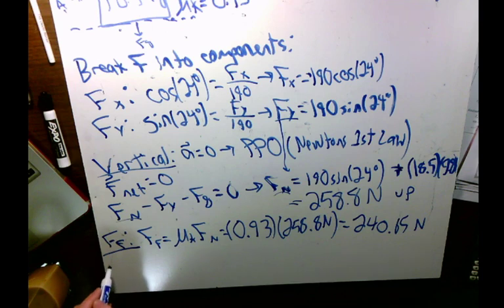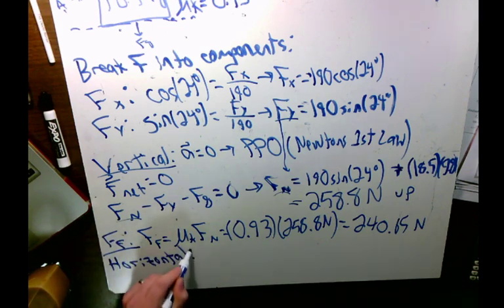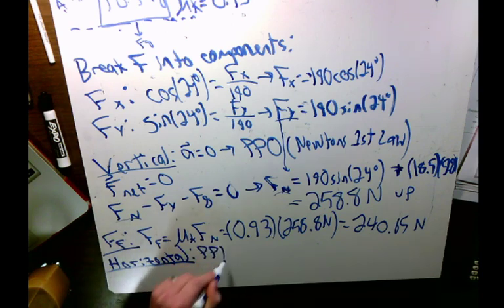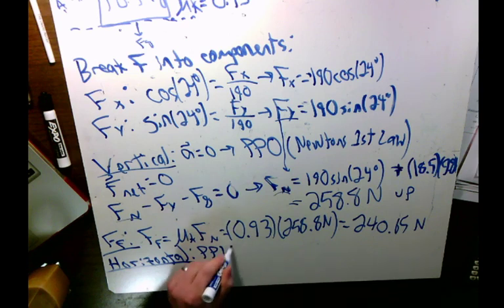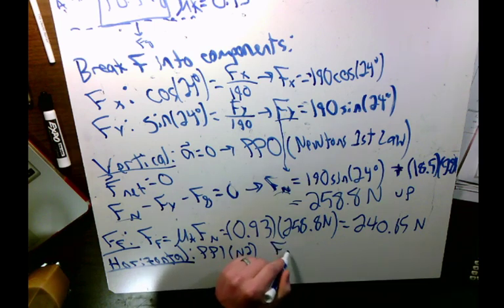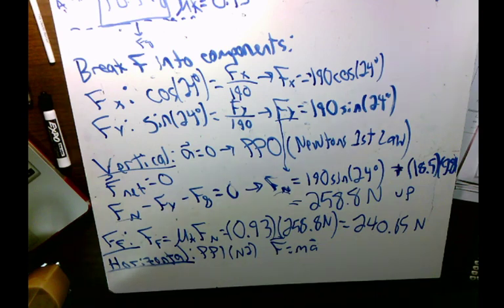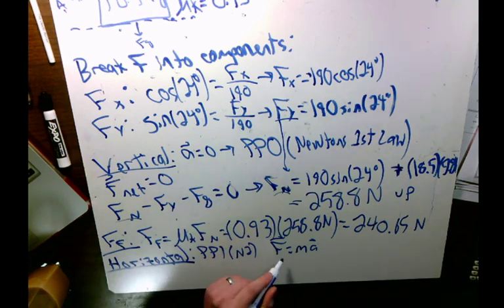So last step, we're going to balance our horizontal. We know we're working with unbalanced forces, so it's a principle of physics, Newton's second law. So our force is equal to our mass times our acceleration. Right? That would be our net force.